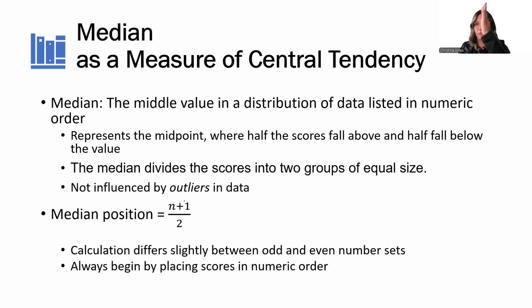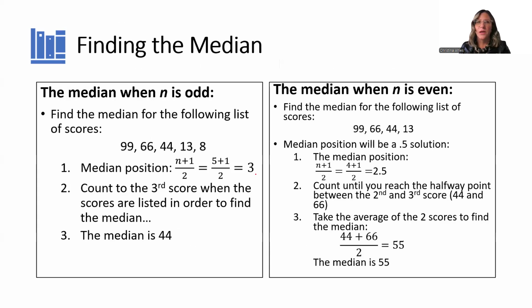What it does is split the data in half, where half of the data is below, half of the data is above. And it's going to look a little bit different depending on whether your sample size has an odd number or an even number. So let's take a look at how that looks.